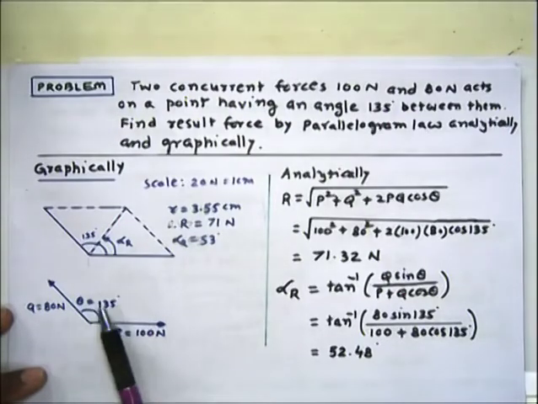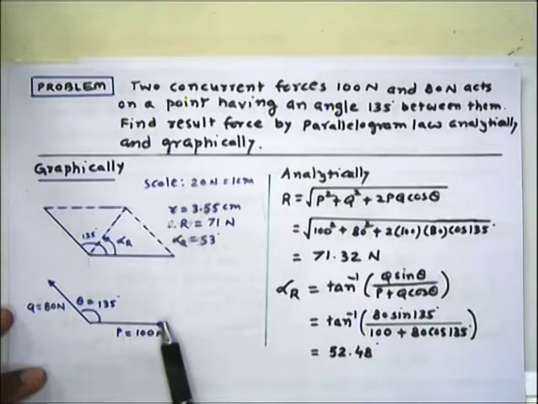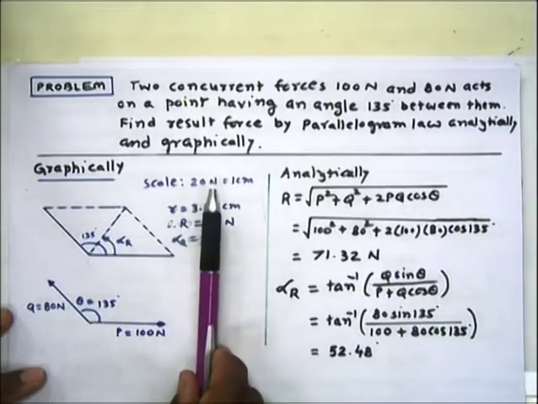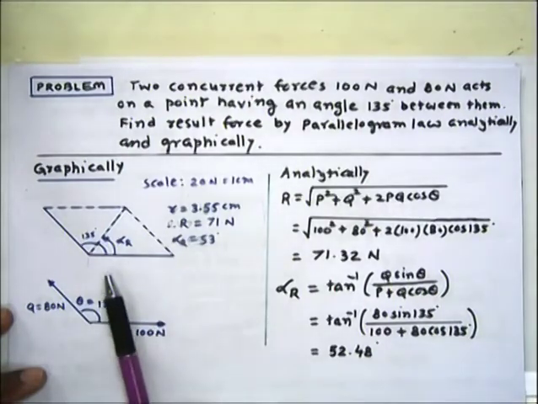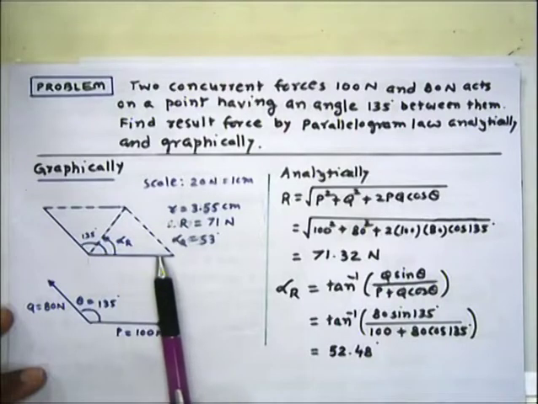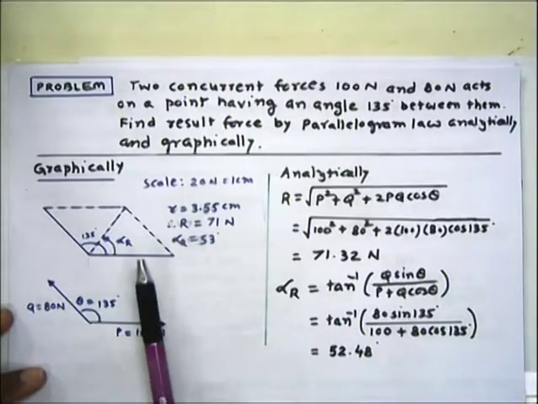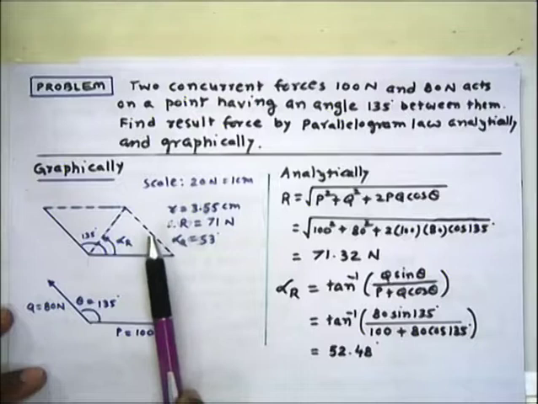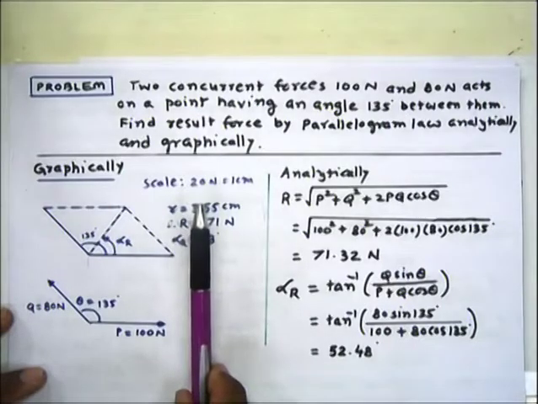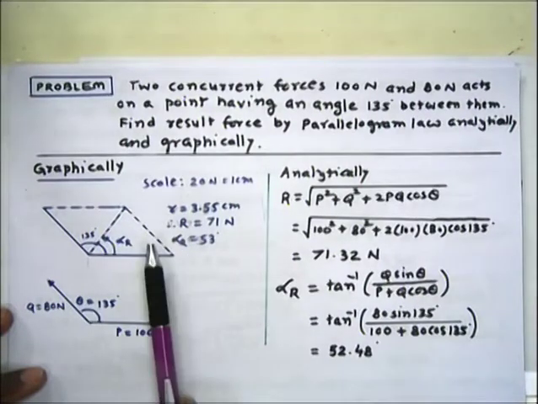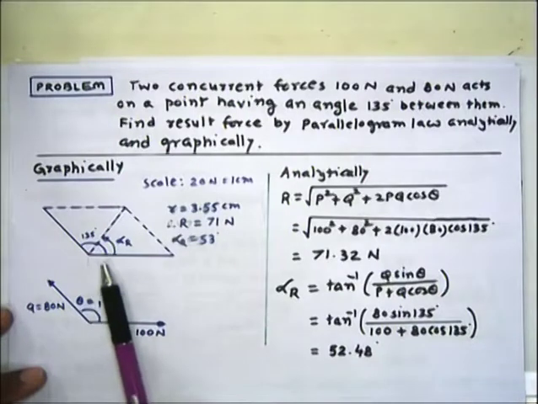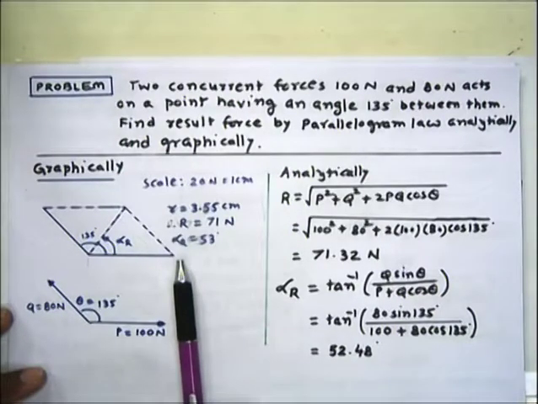So here first of all I will draw a line parallel to force P, and as per scale here P is 100 Newton, so the length of this line will be equal to 5 centimeter, because 1 centimeter is showing 20 Newton force. So here 100 Newton force means this line we are drawing 5 centimeter long.